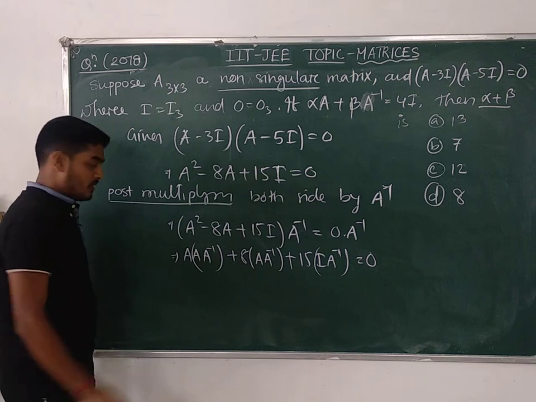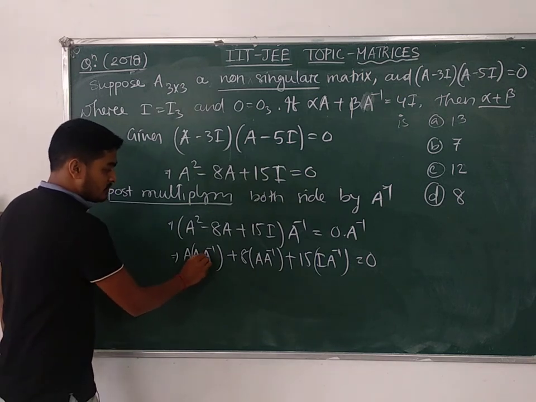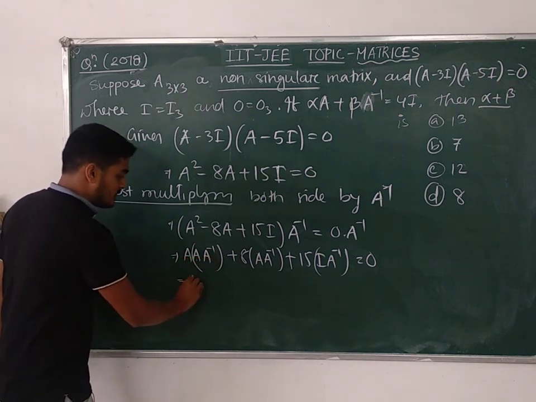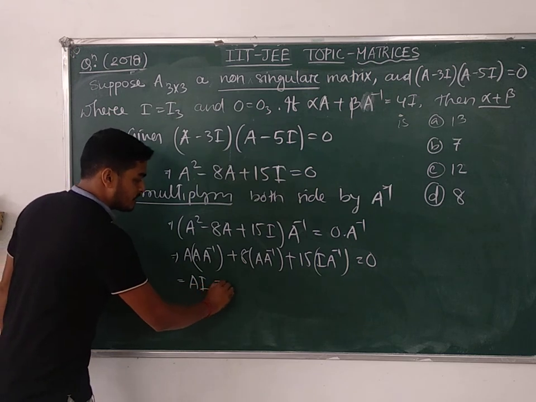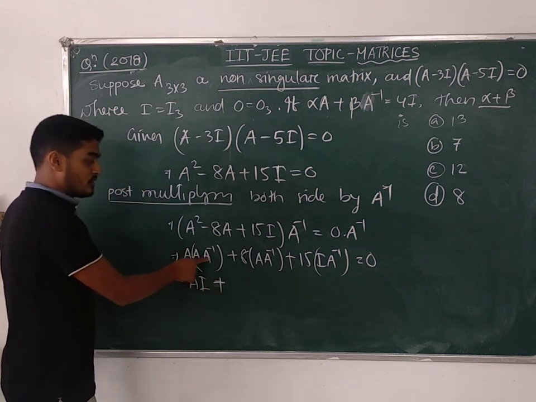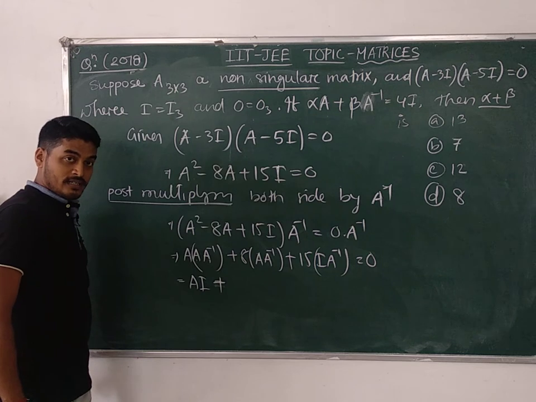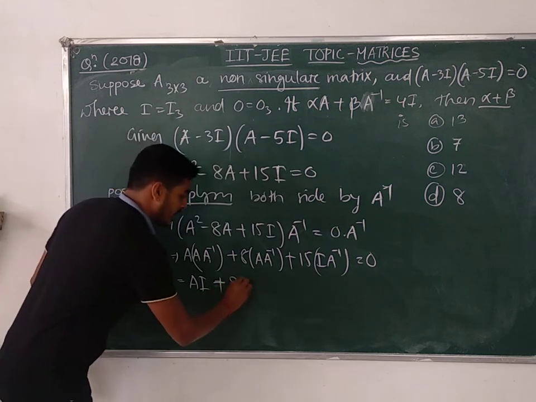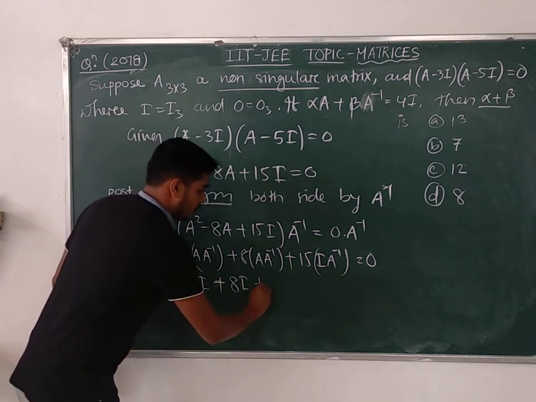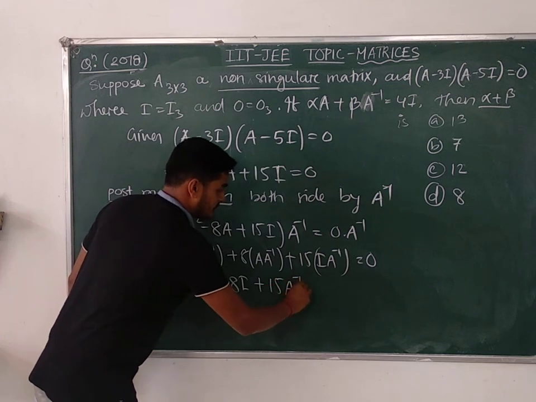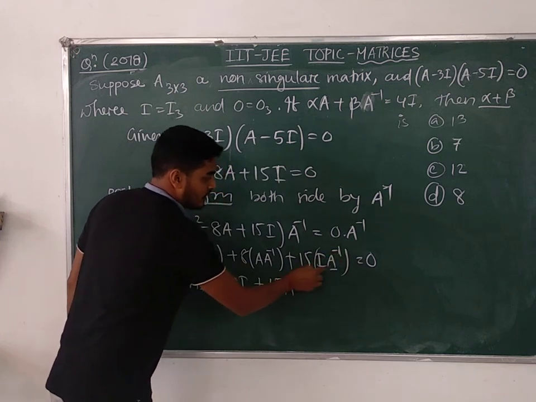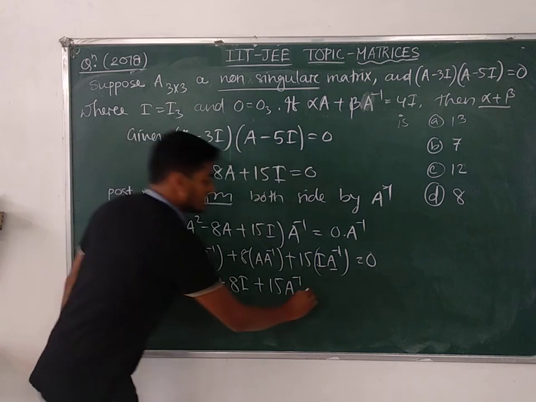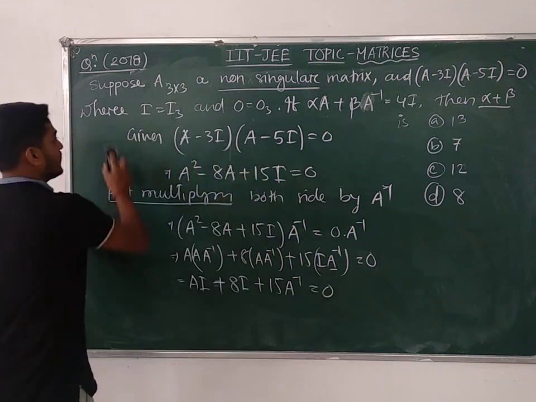The 0 matrix. And we know that the product of a matrix and its inverse is always equal to an identity matrix. If we multiply a matrix with its inverse, then we will get an identity matrix, so we get A minus 8I plus 15A inverse. If we multiply any matrix with the identity, the matrix remains the same, which is equal to the 0 matrix.